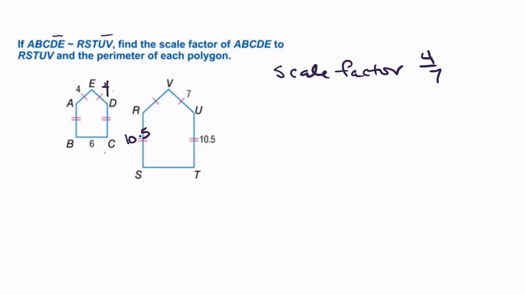Let's find the missing sides. Let's find AB. Let's call this X. So X over 10.5 equals 4 over 7.